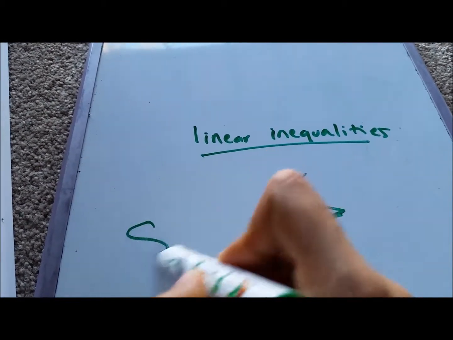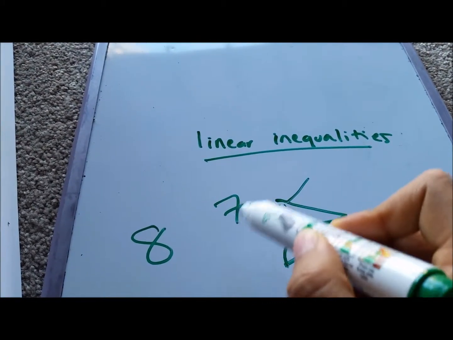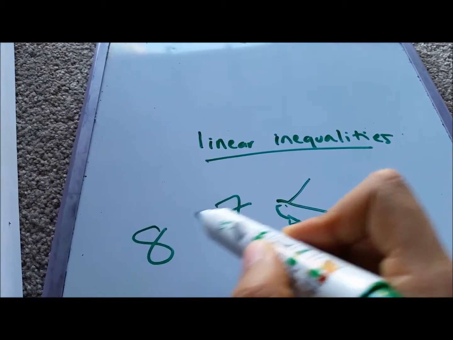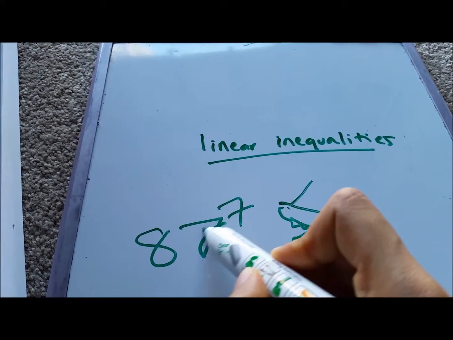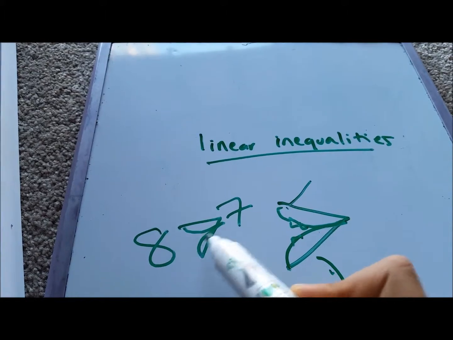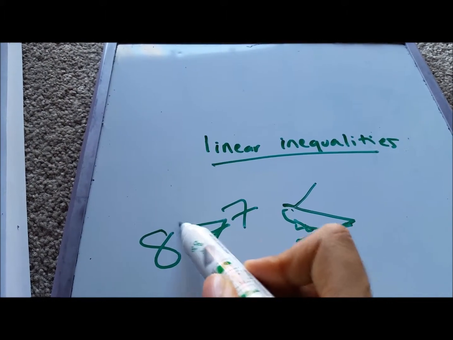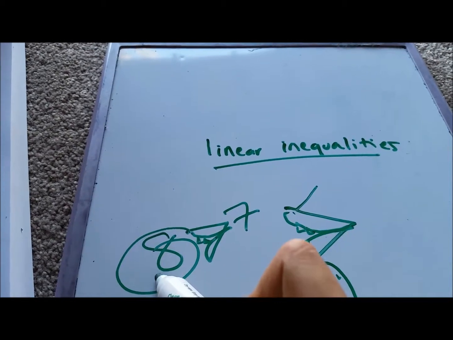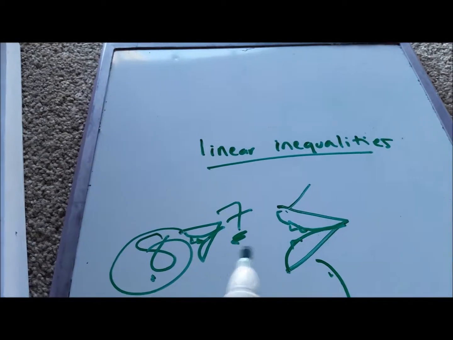So for example, if we had an 8 and a 7, the mouth would ignore the 7 and go for the 8. So it's pointing towards the 8. This says that the mouth wants to eat up the 8 because it's the bigger value, and it will reject the 7 because it's small.